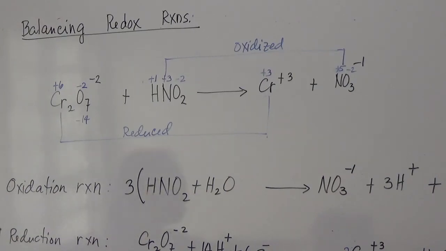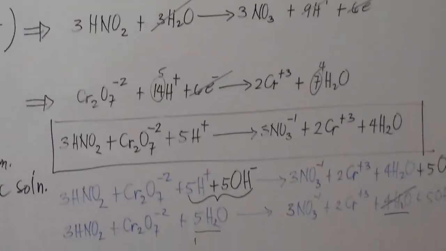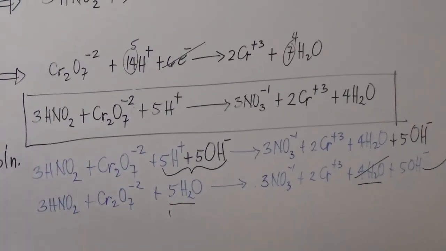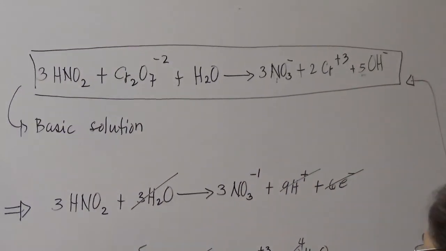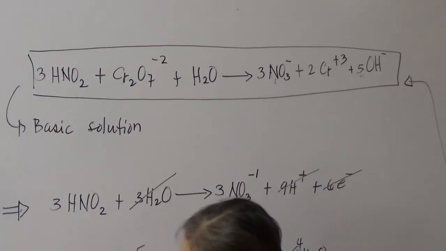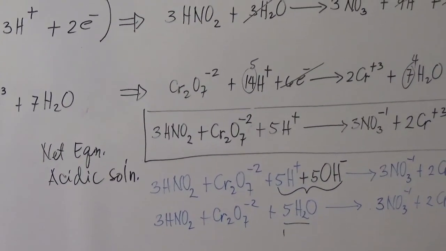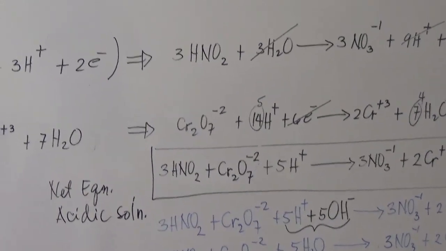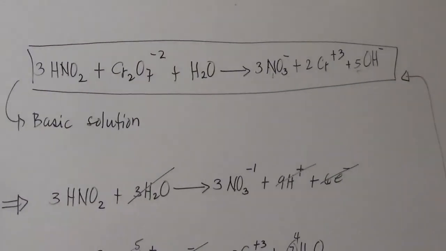Then get the net equation. If there is water on the other side of the equation, then you can get the sum by subtracting the two. You will know it's a basic solution because one of the substances is OH. You will know that it is an acidic solution because one of the substances is hydrogen ion. That is how you're going to balance a redox reaction or ionic equation.